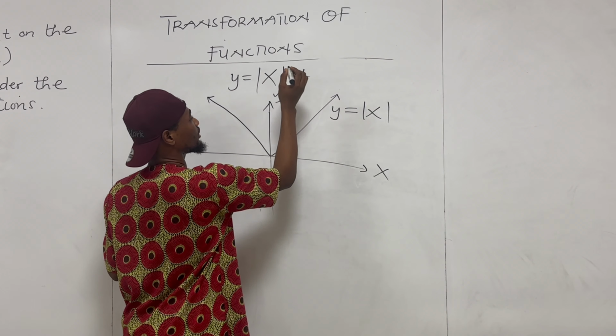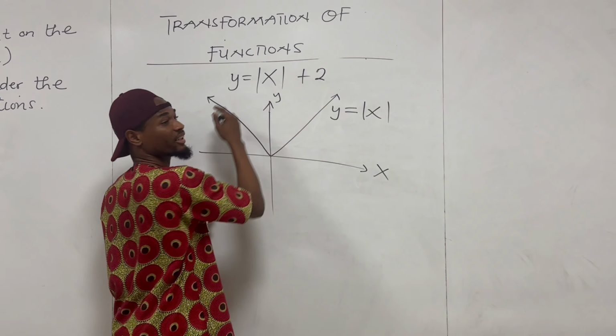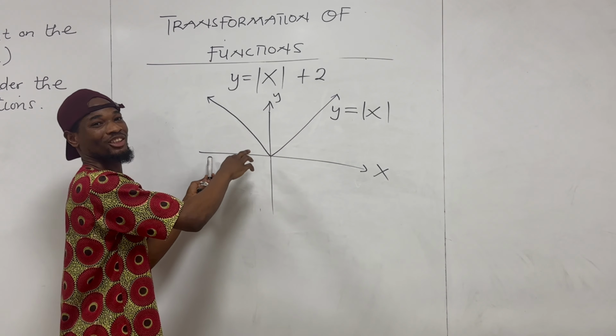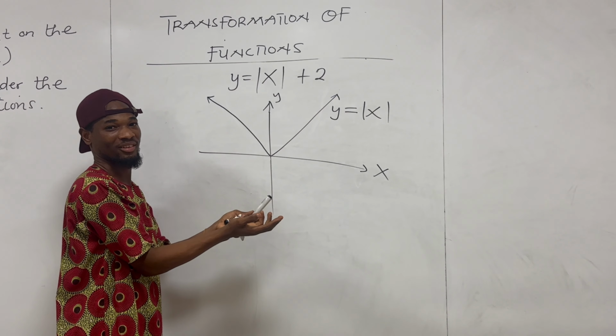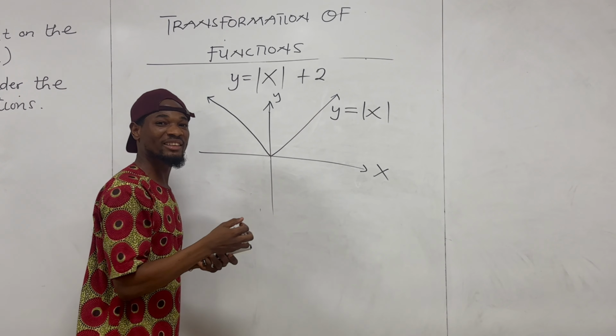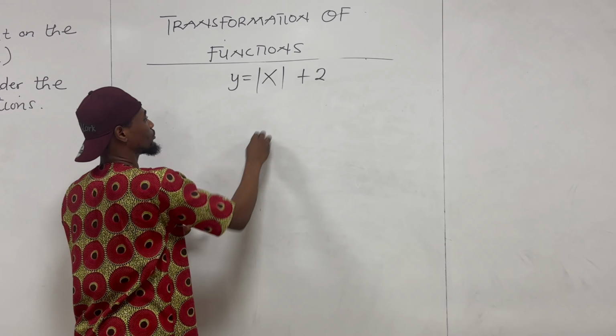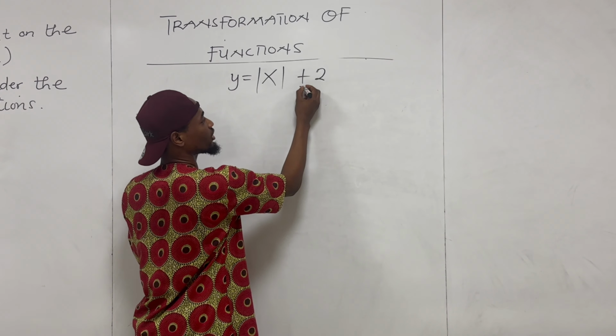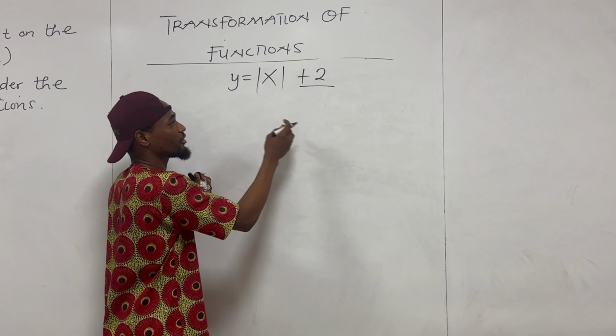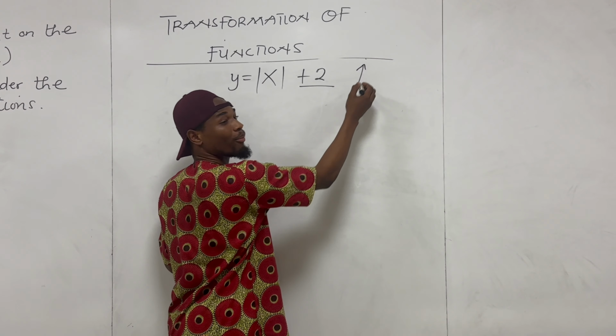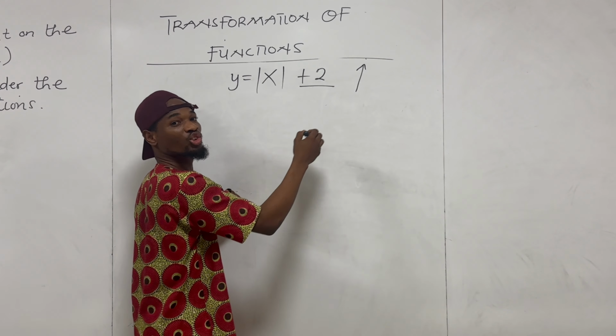So what happens if plus 2 is added? You are trying to transform the graph. Using the same analogy, this simply means vertical upwards by 2 units.